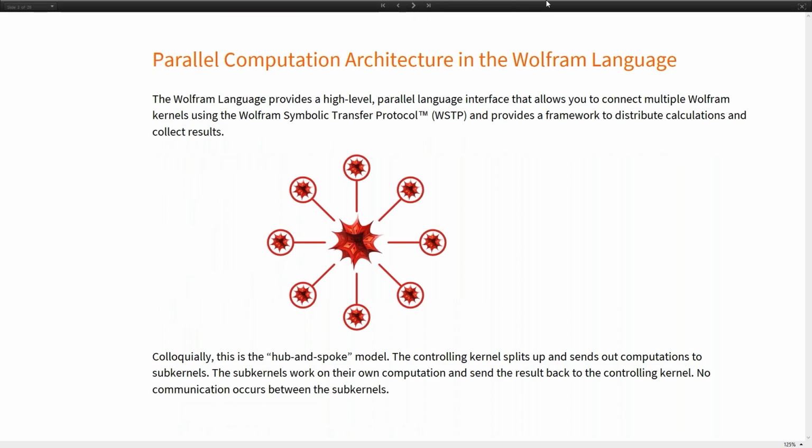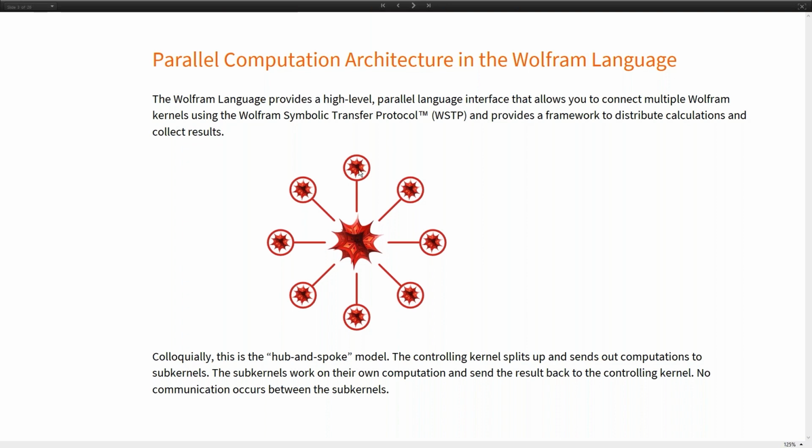Parallel computation is architected in the Wolfram Language using the hub and spoke model. What this picture represents is the center spiky icon, a controlling process, basically the process that you use when you start up a Mathematica session. All of these circled spiky icons indicate sub-processes. As this picture indicates, the sub-processes have no communication with each other. They all have to communicate through the controlling process, and then the controlling process sends any necessary signals back out to the subkernels.